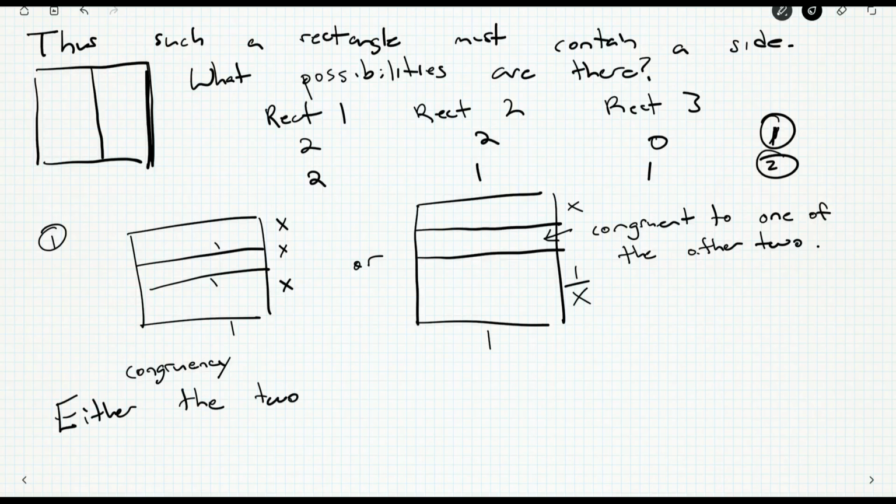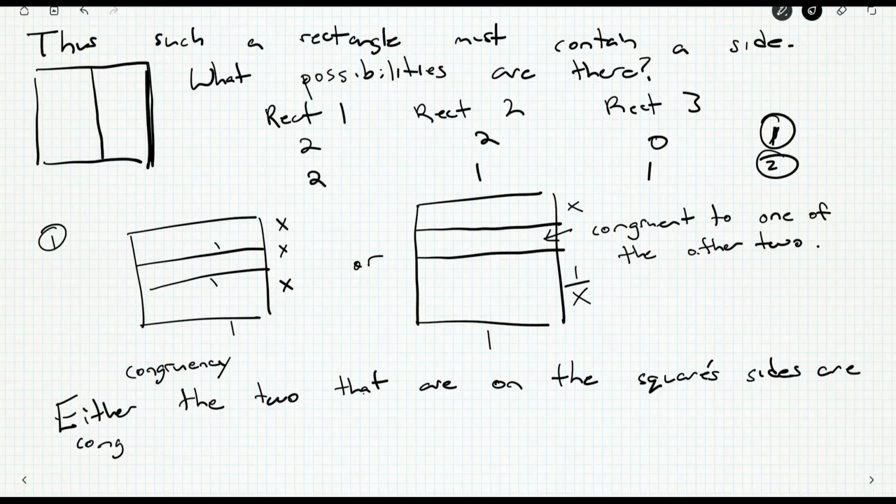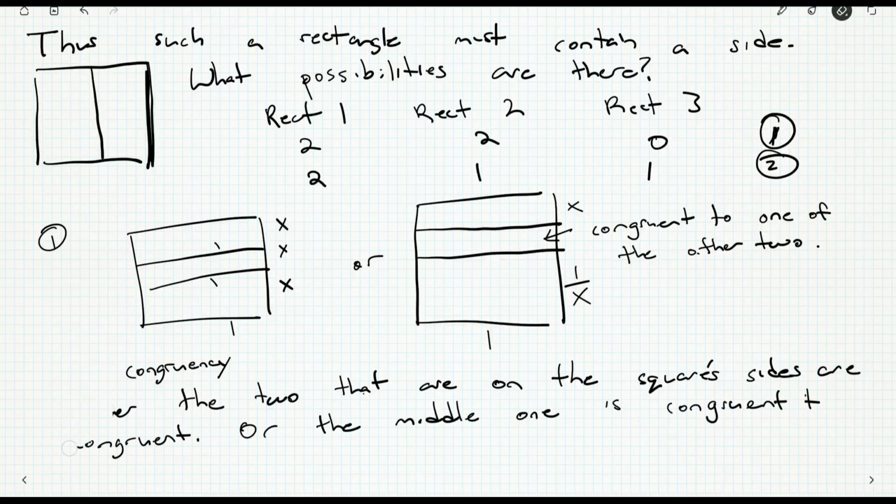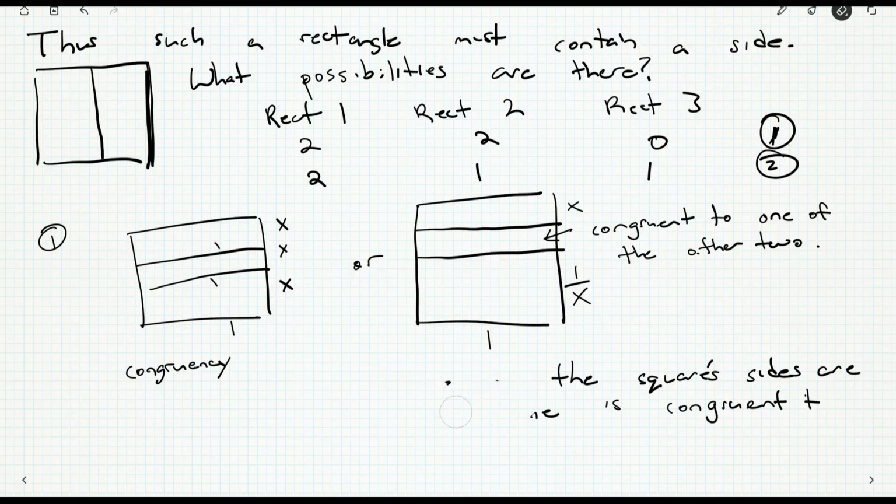either the two that are on the square's sides are congruent, or the middle one, now I want to say this better because I feel like we should properly justify this before we move on.